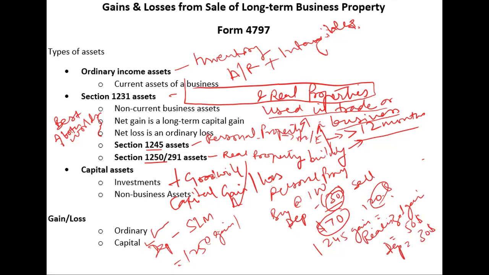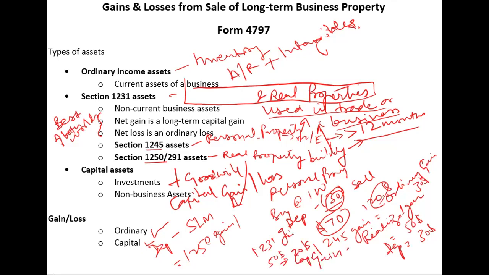So the 1245 or ordinary gain in this scenario is $30, which will be taxed at the individual taxpayer's slab rate, and the rest of the $50 gain, $20, will be 1231 capital gain.